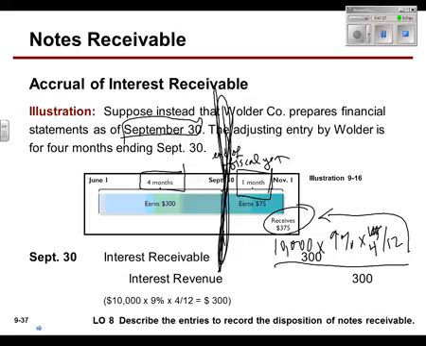Why did I take it over 4/12 instead of 5/12? Because it was taken out on June 1st: June, July, August, September. They want to see what we've earned in the first 4 months, our interest receivable and the interest revenue we've earned.